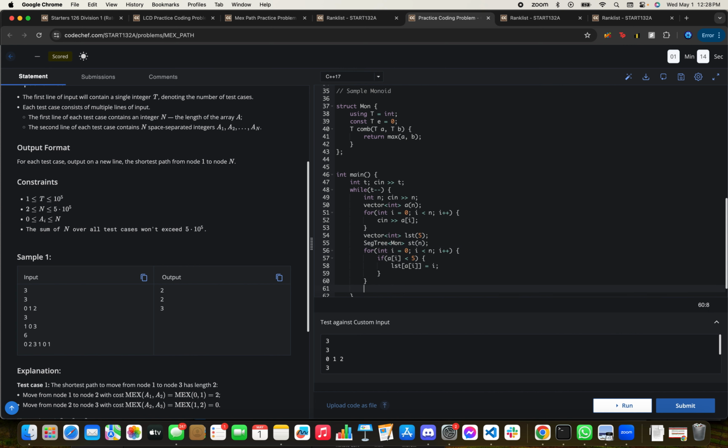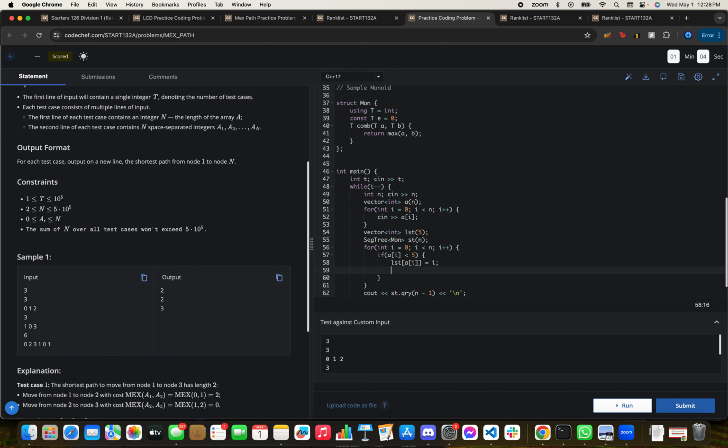At the end, I just want the range for each max, right? So how do we get that? I think you actually want a min seg tree.